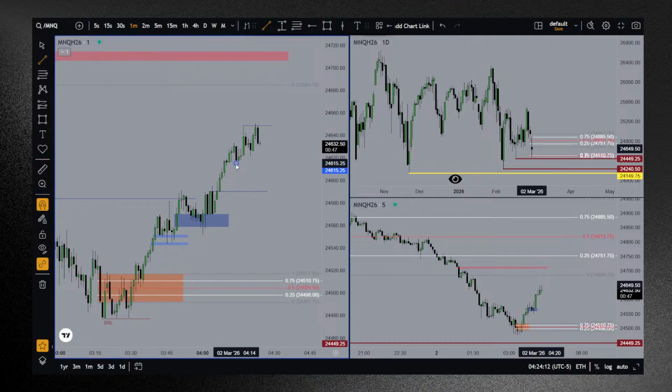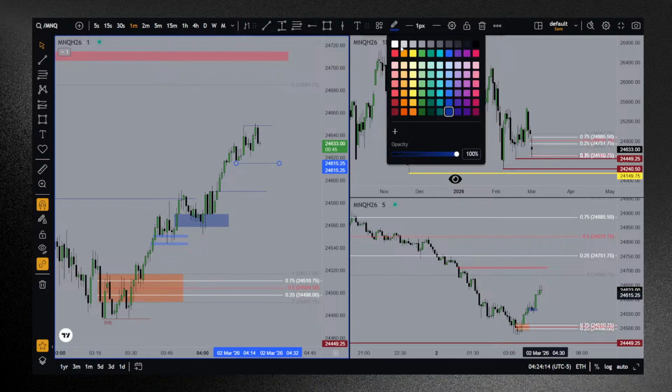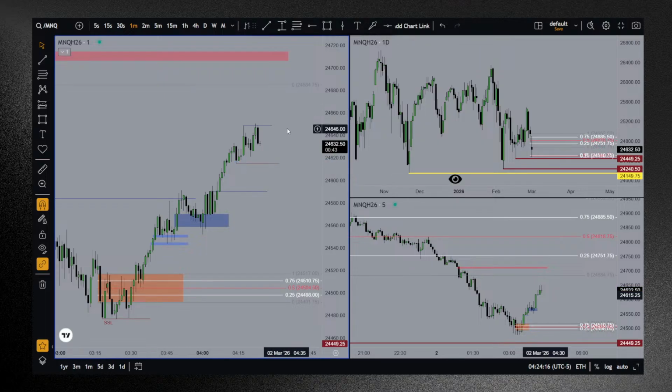So near term sell side is here, like a very minor pool of liquidity. I will annotate that, and it's pretty much relative equal to this low. So on the near term that would be reasonable, and I believe that will give some insight if we can reach that.